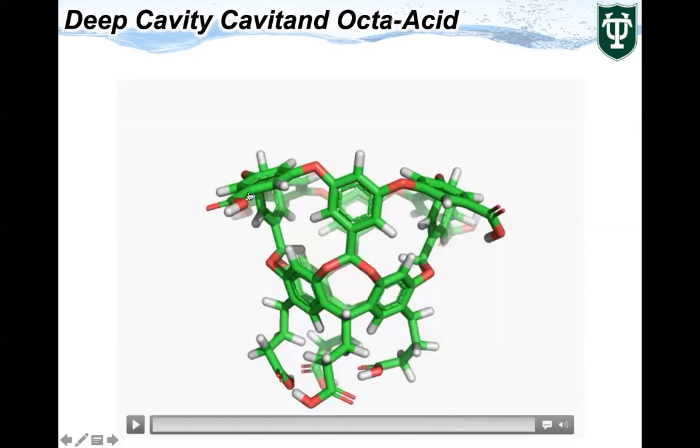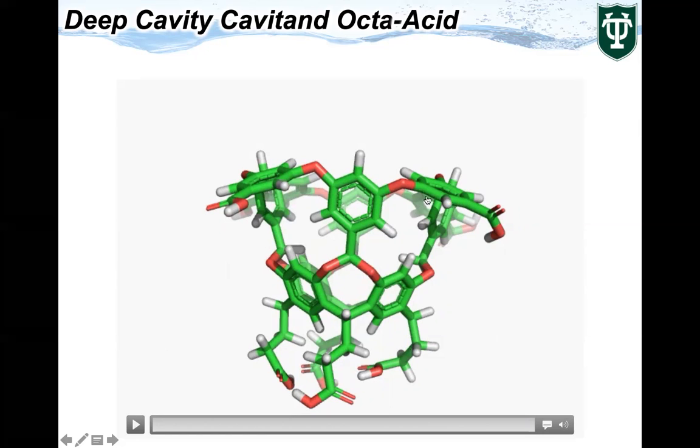And these are made water soluble by having 8 charged carboxylic acid groups attached to it. These have been synthesized experimentally by my collaborator, Bruce Gibb, in the chemistry department at Tulane University.